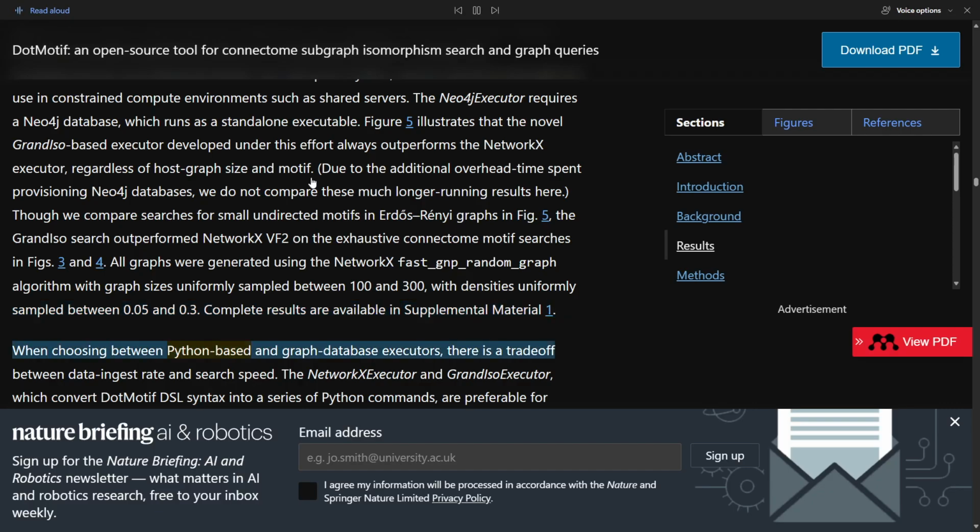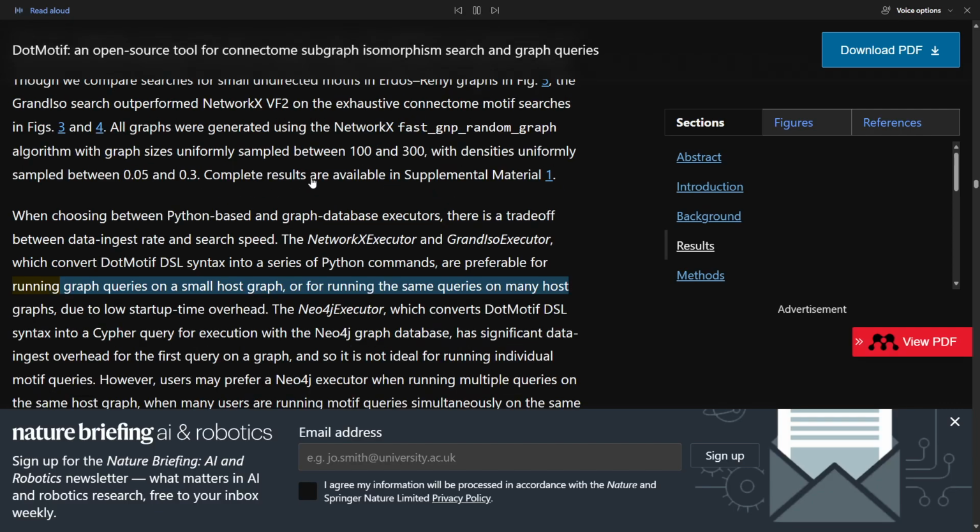When choosing between Python-based and graph database executors, there is a trade-off between data ingest rate and search speed. The NetworkX executor and Grand ISO executor, which convert DotMotif DSL syntax into a series of Python commands, are preferable for running graph queries on a small host graph or for running the same queries on many host graphs, due to low startup time overhead.